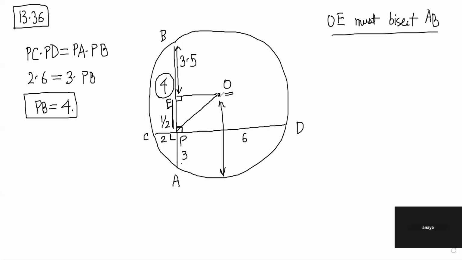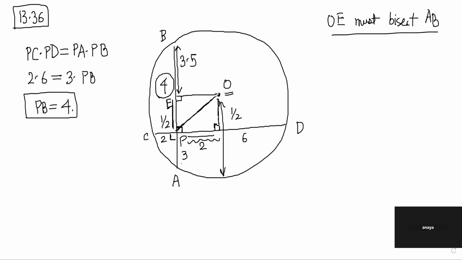And similarly, we can drop a perpendicular from here to CD also, which will also be the midpoint of that chord CD. So we now know that the length of chord CD is 8. So this must be 4, and this must be 2. So we have a situation where we have 2 here and half here.